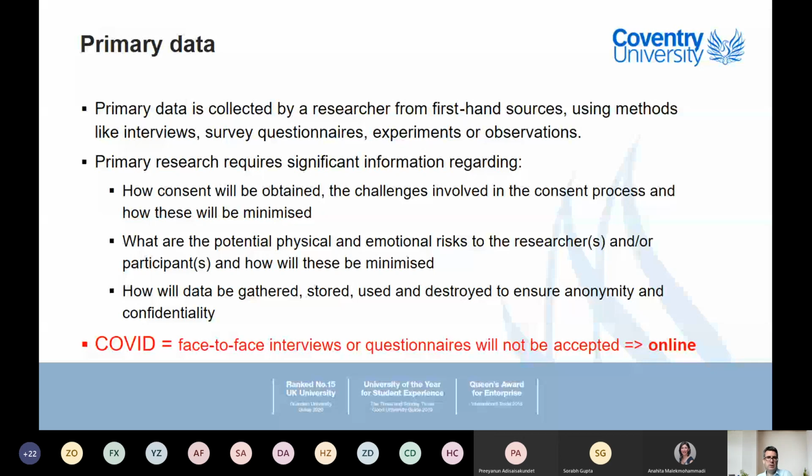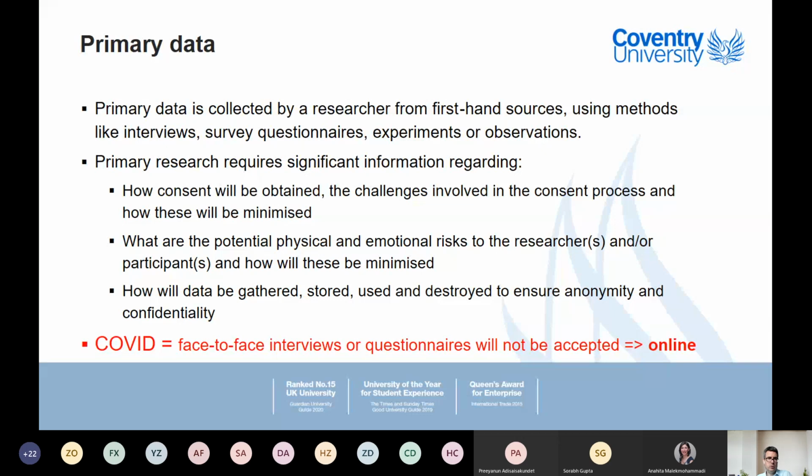Some of the best dissertations I've marked over the years were using secondary data, and they were excellent dissertations. And in the same way, I've also marked very poor dissertations with primary data. Not because primary data is bad, but because collecting primary data is a bit more challenging.